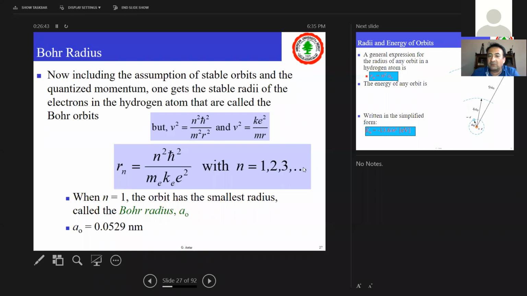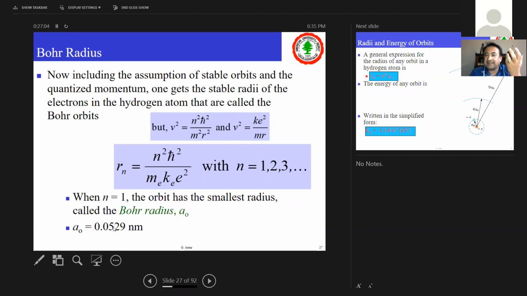And now n is equal to 1, 2, 3, 4, etc. Okay? So for n equal to 1, we have r_n equal to a_0, which is called the Bohr radius, which is basically the radius of the atom. And a_0, one can show, is equal to 0.0529 nanometer. Okay?